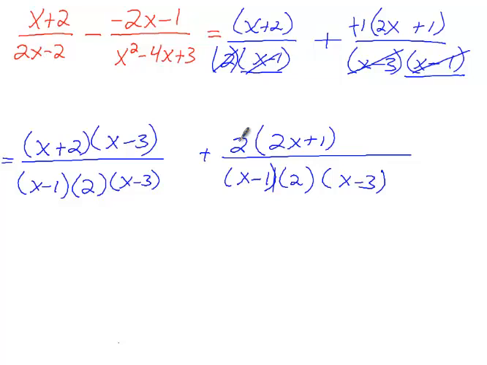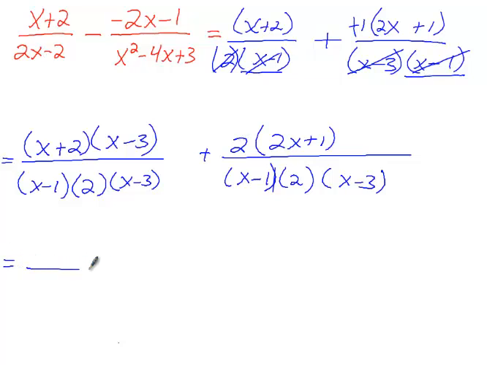Okay? And does everybody understand what I mean by a unique factor when I'm looking at the denominators here? Like if you look at both denominators, what are the chunks that I have, right? I have a 2, I have an x minus 1, I have an x minus 3. I already said x minus 1, so I don't care how many times it shows up. So I need to have those 3 pieces in my new denominator because that's what's in common. Okay?